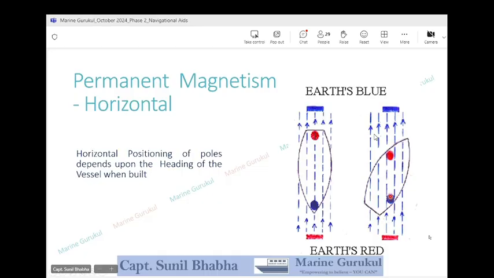These lines of force are coming out of the ship structure from the port bow, and that is where a red pole will be acquired. So you compare both these ships now, you see with the change in heading of the ship, the horizontal positioning or location of the poles has also changed.